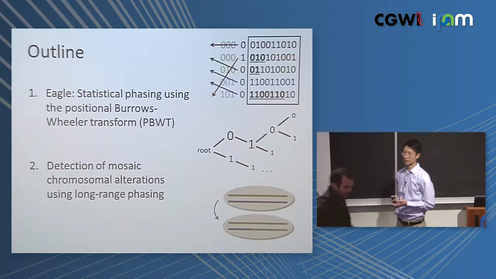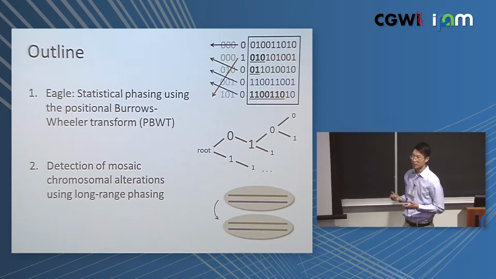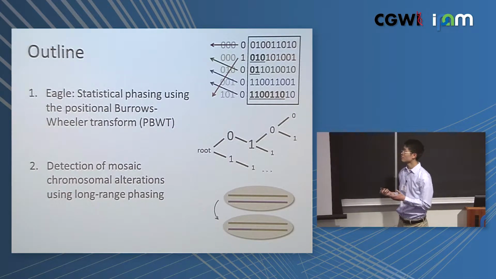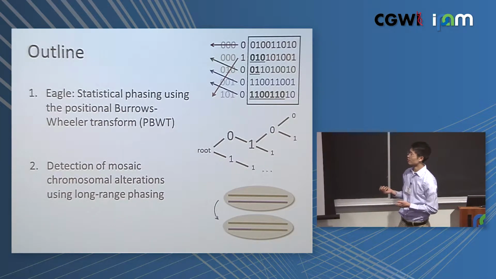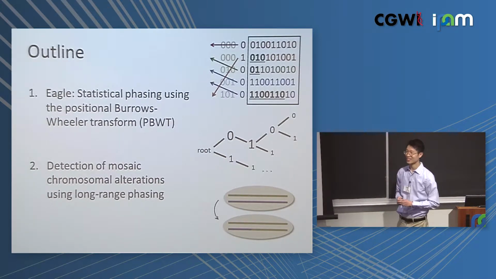And I'll be telling you specifically about a statistical method that I recently developed called Eagle, which uses a new technique called the positional Burrows-Wheeler transform. I'll unpack all of that terminology as I go. The second part of the talk will be about applying this phasing methodology to detect mosaic chromosomal alterations, which, based on the show of hands, all of that was gibberish, but I'll explain it in due course.